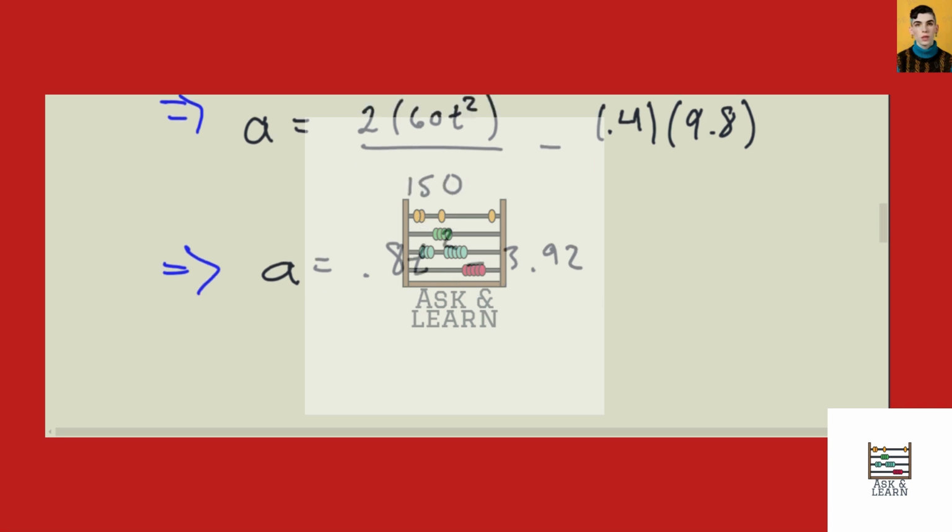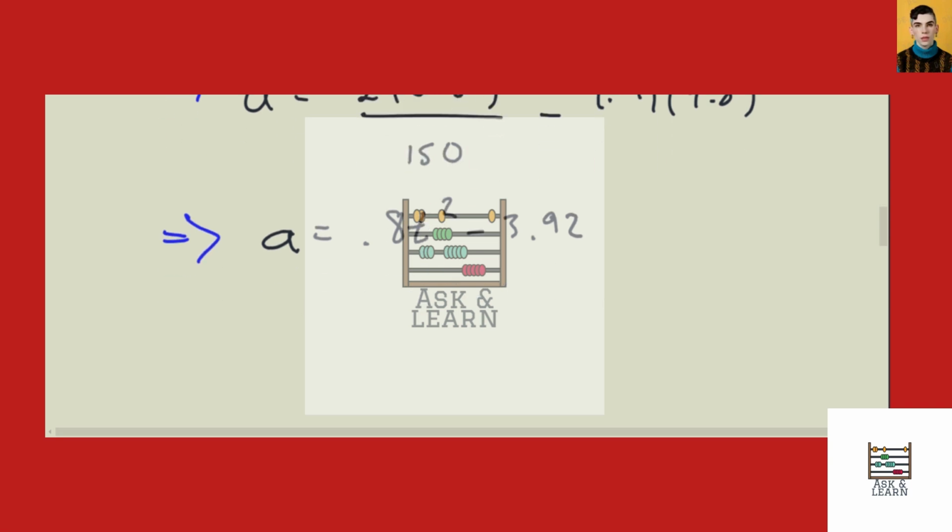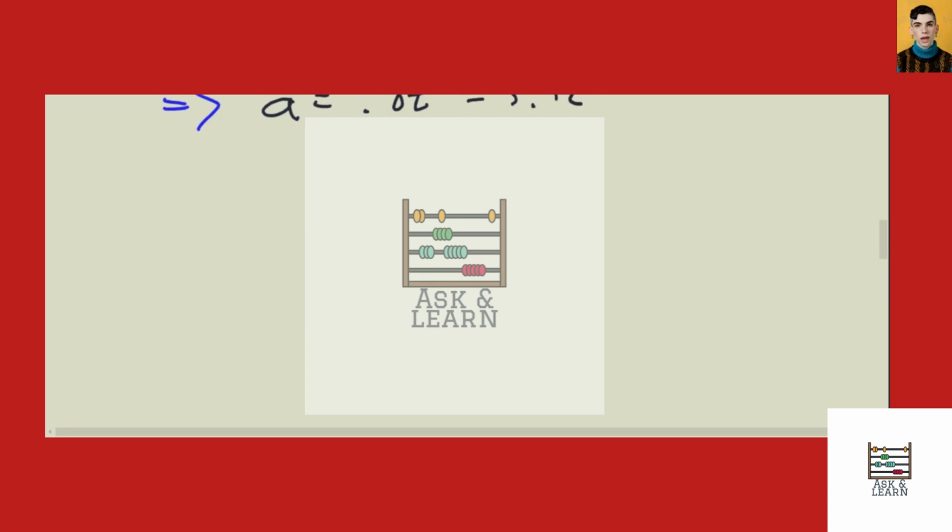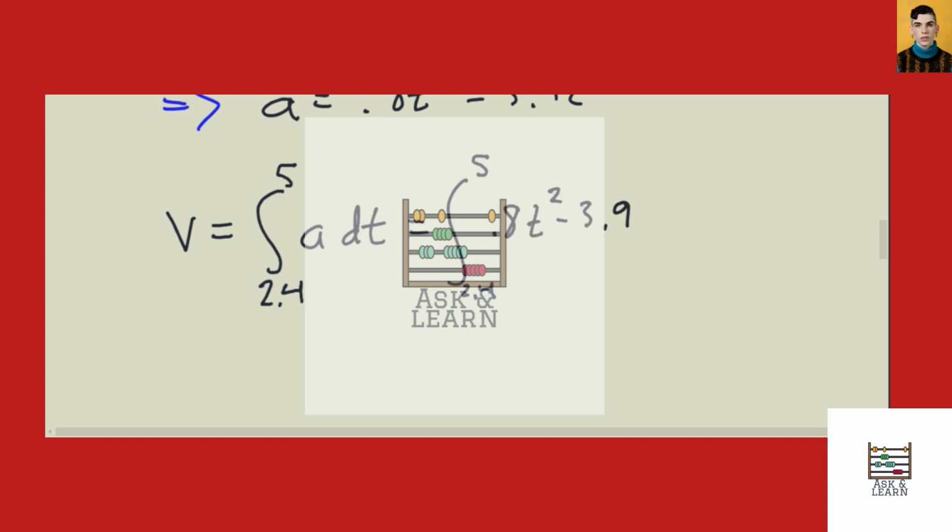Now what we're looking for is the initial velocity, and we know that velocity is equal to the integral of the acceleration dt, and we know that the bounds are this initial time that we found, 2.4, to the final time, 5. So again, we have the bounds 2.4, 5, and the acceleration, which is 0.8 t squared minus 3.92, dt.